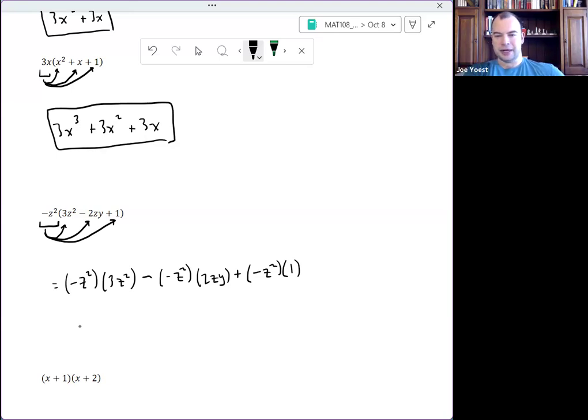So we can always write out another step or two if that helps us keep things sorted out. In this first term, I see I have a product of 2 factors. I have -1 times 3 gives me a -3, and then z squared times z squared gives me a z to the power 2 plus 2, or z to the fourth power.